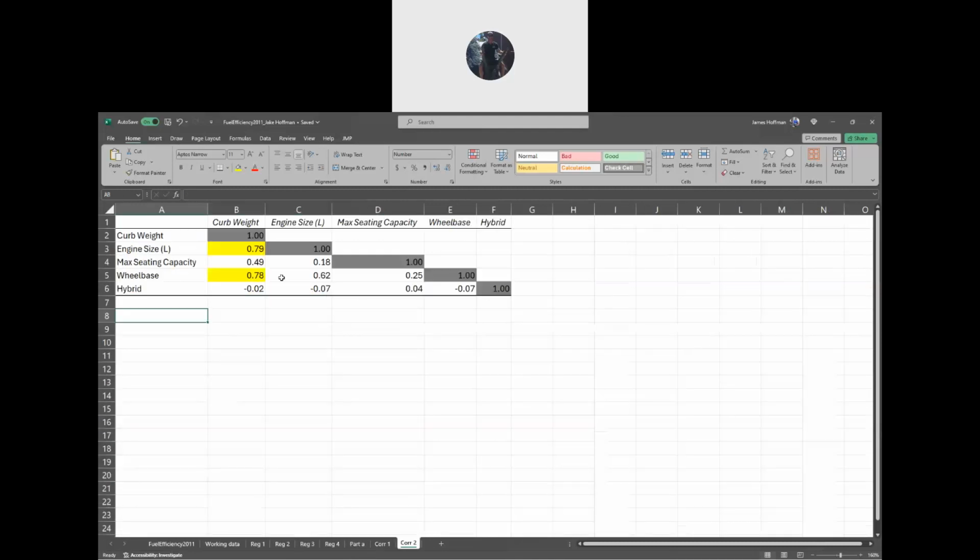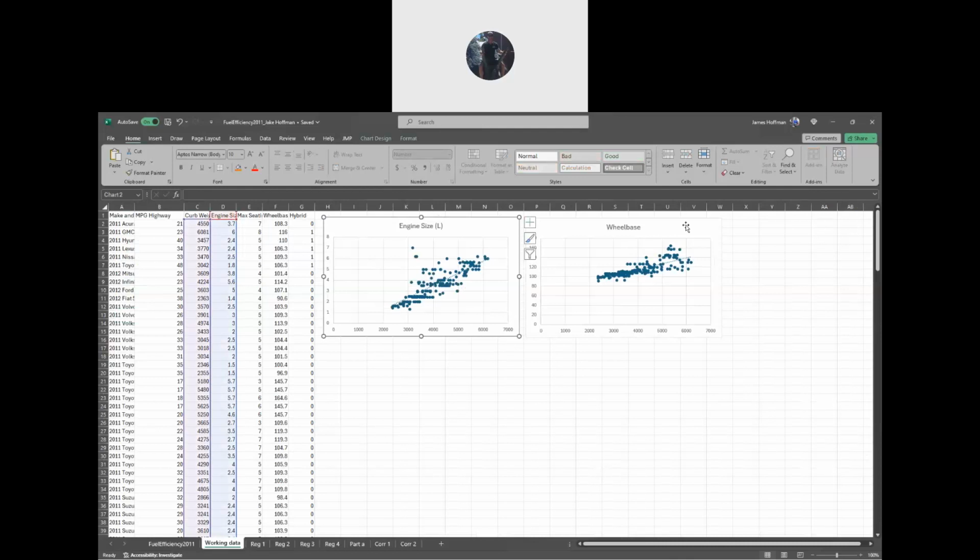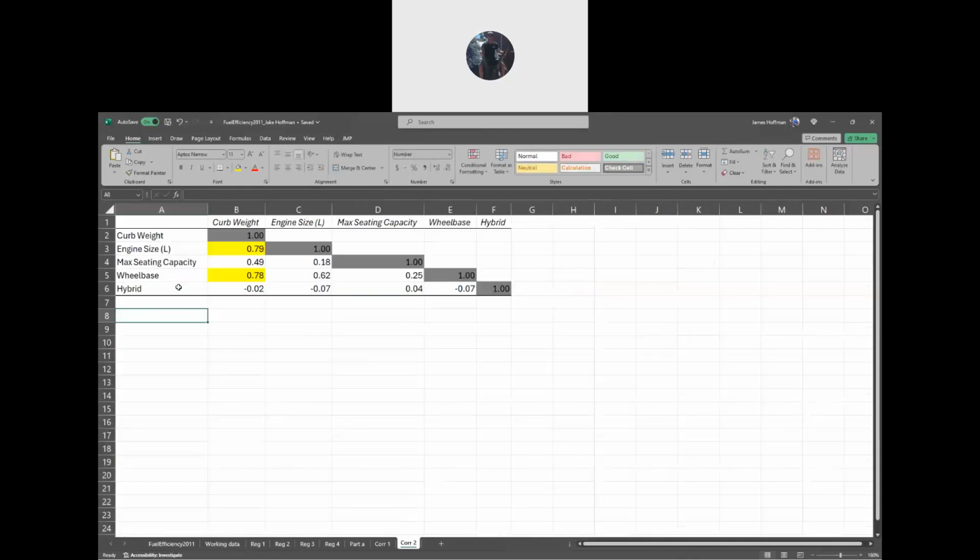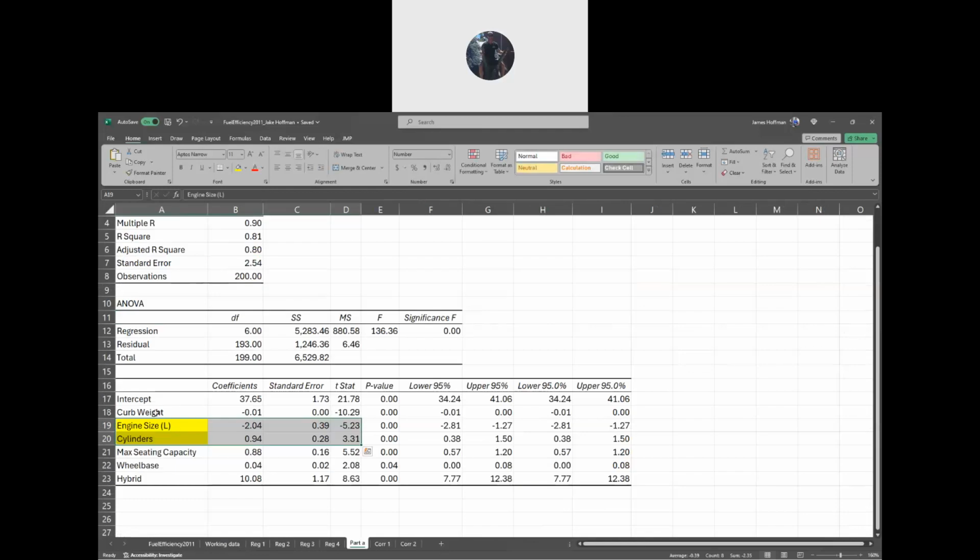Then the second issue was looking at curb weight and engine size, and curb weight and wheelbase. Looking at those two, it looks like this one doesn't really matter that much, but this one does. So now we have to take out either engine size or curb weight. Based on engine size versus curb weight, this one's a 10, this one's a 5, this one goes out. So there's kind of multiple steps there.